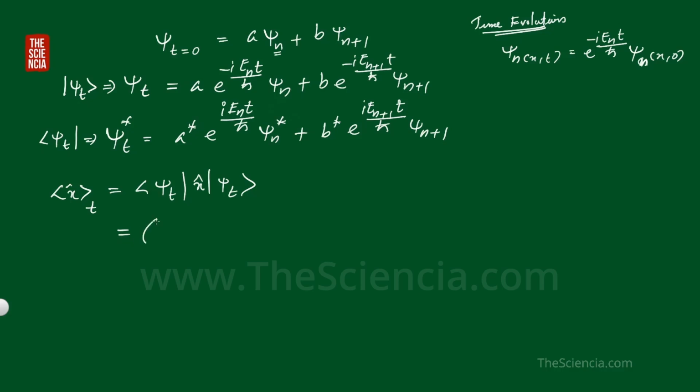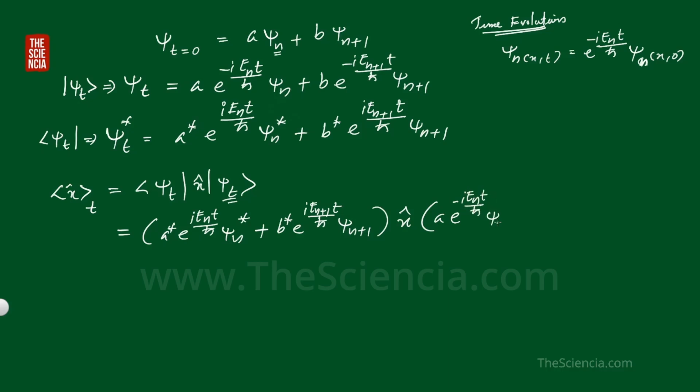That is, bra ψ(t) equals a* e^(iE_n t/ħ) ψ_n* plus b* e^(iE_(n+1) t/ħ) ψ_(n+1), into x cap, into ket ψ(t), that is a e^(-iE_n t/ħ) ψ_n plus b e^(-iE_(n+1) t/ħ) ψ_(n+1).